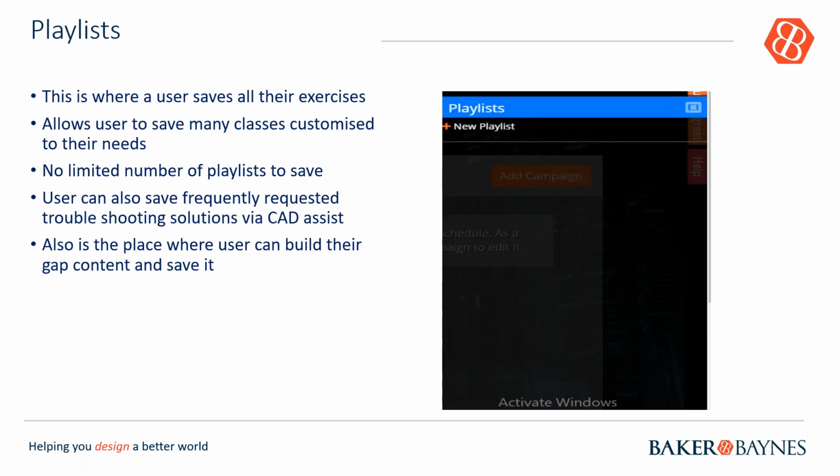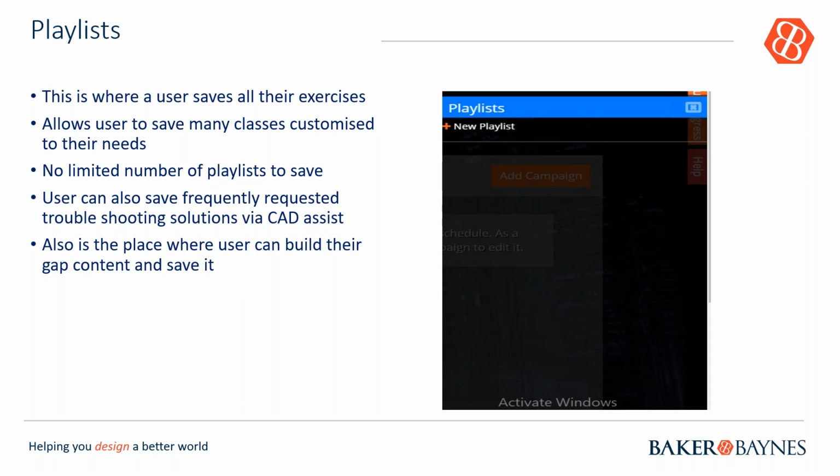And then the next one, that's the playlist. So this is very simple. It's also found on the home page, always in blue, and also on the far right border. And this is where a user saves all of their exercises.